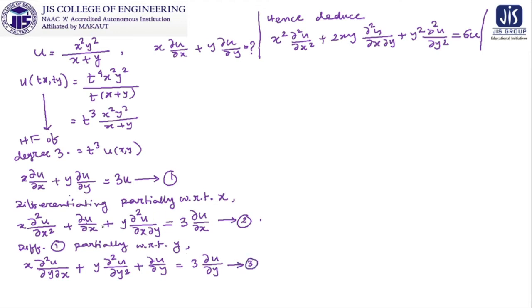So we get the second order partial derivative with respect to x and the mixed derivative also by partial differentiation from this. Now we are trying to make this expression come from this. We have x square over there and we have x over here.